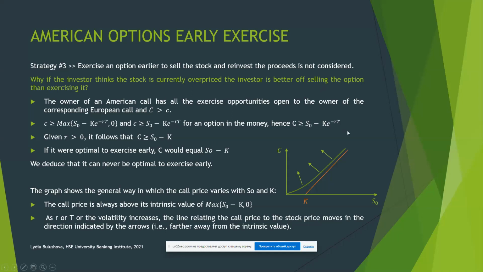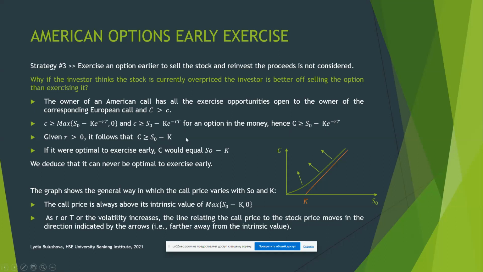If we consider a difference, this is a small amount of money, this is a bigger amount of money. If we subtract from S sub 0 a small amount of money, and we subtract from S0 a greater amount of money, we can say for sure that this is bigger than this, subtracting a small amount of money or subtracting a big amount of money.